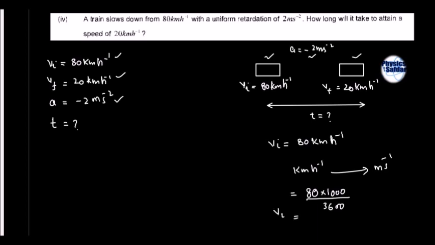After the simplification, we get 22.2 meter per second. So that's the velocity in meter per second. So you can write like this: 80 km per hour is equal to 22.2 meter per second.